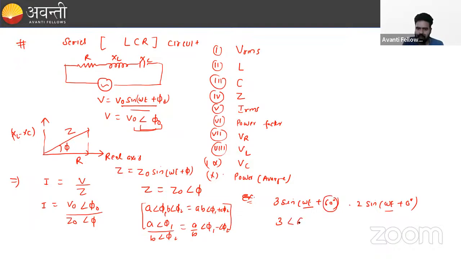So we can say 3 into angle 60 degree and 2 into angle 0 degree. Constant terms we can directly multiply. This will become equal to 6. And because the relationship between the angles in multiplication is addition, we directly add: 60 plus 0. So 6 angle 60 degree, correct. And finally we can write it in the original format, that 6 sine omega t plus 60 degree. So this is basically how we can write down the things.